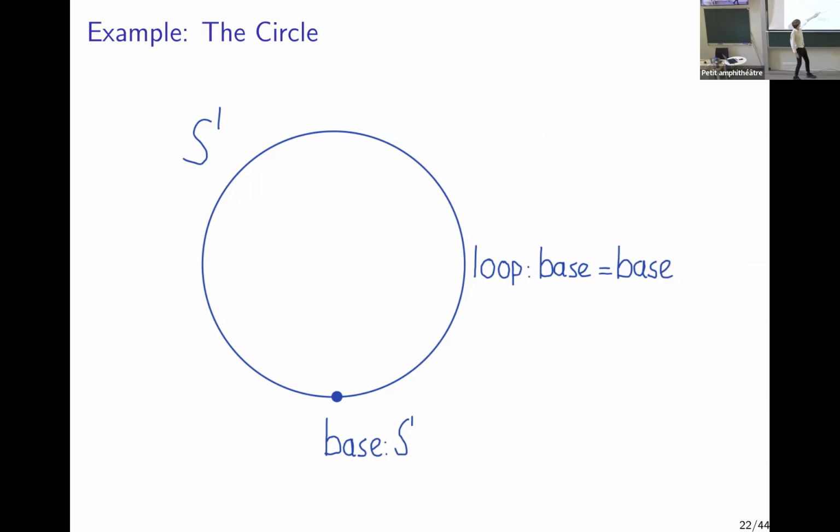We can also go around the circle multiple times. We can also go backwards because no one forbids us from going backwards. This is not a one-way road, meaning that we have, for each integer, a way to identify base with itself. So rather than having only one way to identify this point base with itself, we have infinitely many.